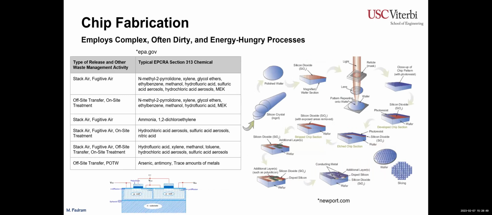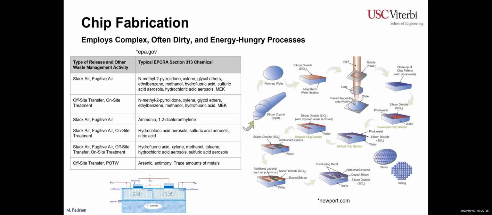All right, so let's look at some of the processes that we use to manufacture our devices and circuits and systems. We use very complex, often very dirty and energy-hungry processes, from chemical mechanical polishing to etching to oxidization, with many types of chemicals being used, and some of these chemicals are quite bad, much worse than your typical carbon emission.